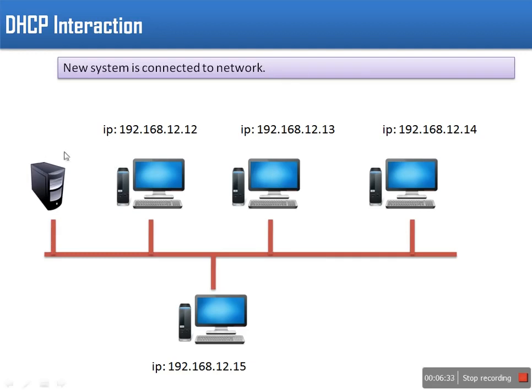This machine we are considering is the DHCP server, and these machines are already connected to this network, and we are assuming this machine was connected to the network recently and does not have any IP address. So this node will broadcast a message.